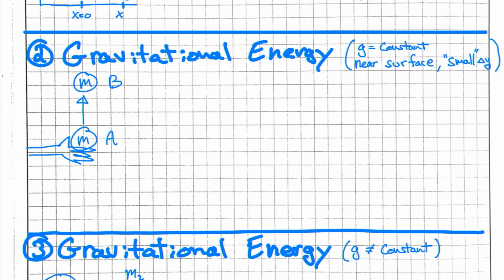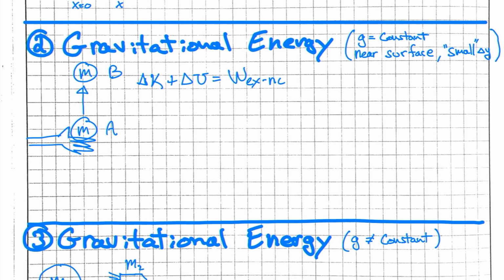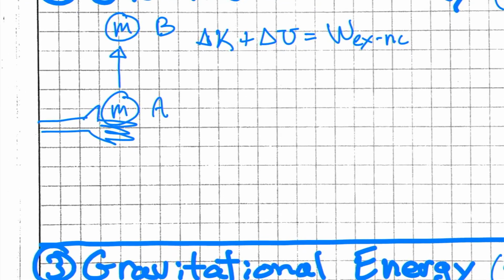The first way that I'll look at this is by using delta K plus delta U equals work external or non-conservative.